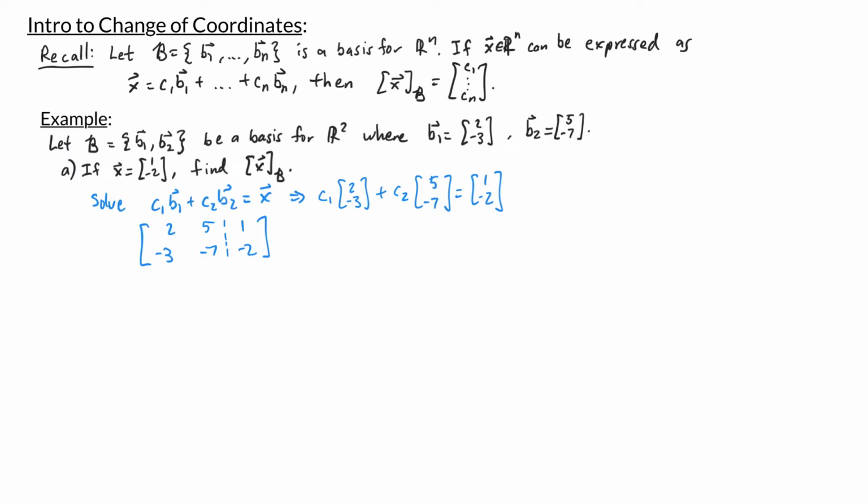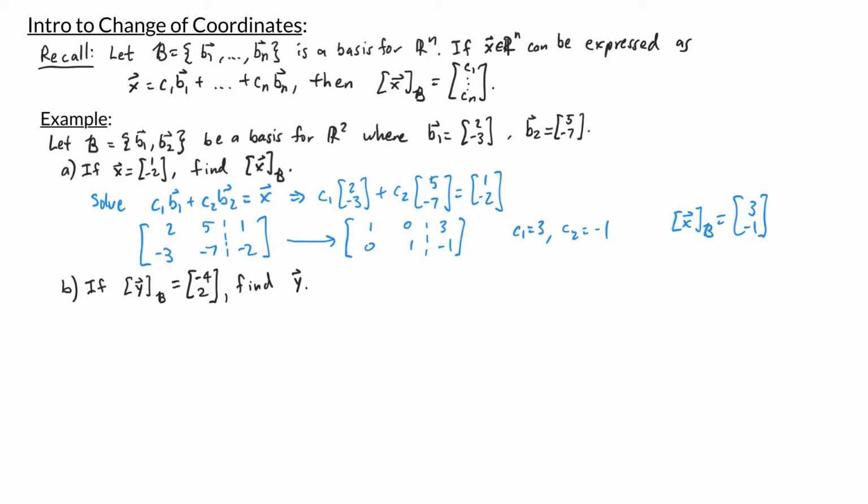Then I can row reduce this to find my solution. Now I won't go through the details of row reducing here, but you should find that this row reduces to 1, 0, 3, 0, 1, -1. So my solution is c1 equals 3 and c2 equals -1, and those are my B coordinates. So the B coordinate vector for x is 3, -1.